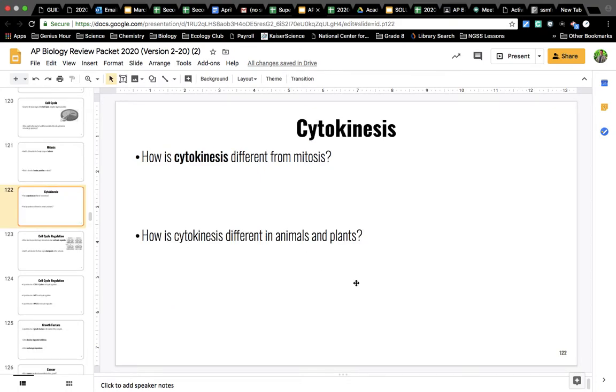How is cytokinesis different from mitosis? So mitosis really just refers to the duplicating of genetic material and getting it from one pole of the cell to the other. Cytokinesis actually refers to the actual division of the cytoplasm. It happens a little bit differently whether you're dealing with plants or animals. In animals, cytokinesis occurs during cleavage.